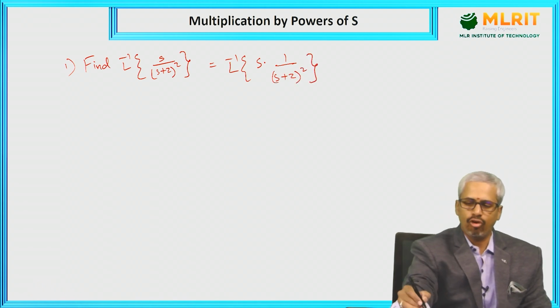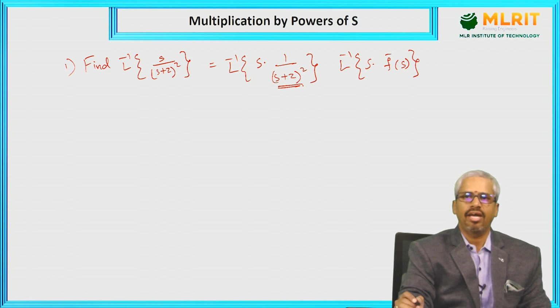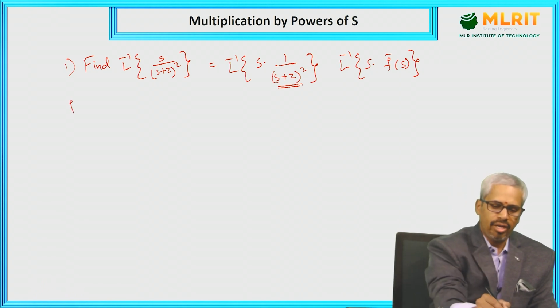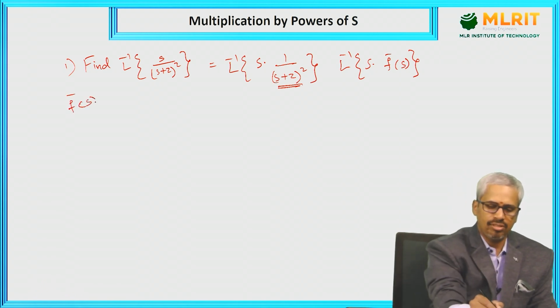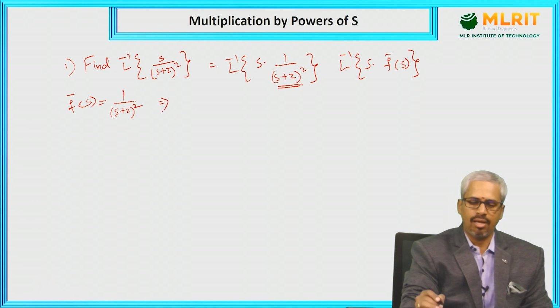Now this is in the form of L inverse of s into some function of s, that is f bar of s. So let us take this function as f bar of s. So here f bar of s is 1 upon s plus 2 whole square. For this function, let us find inverse Laplace.